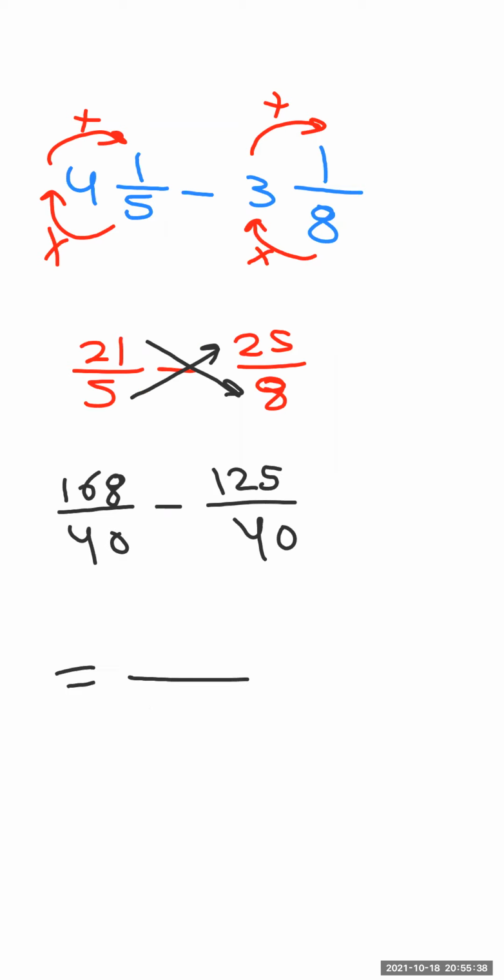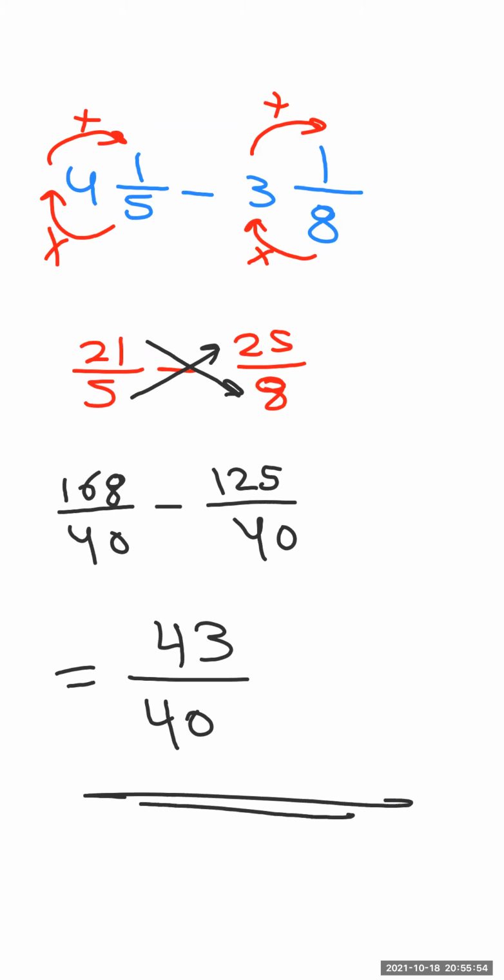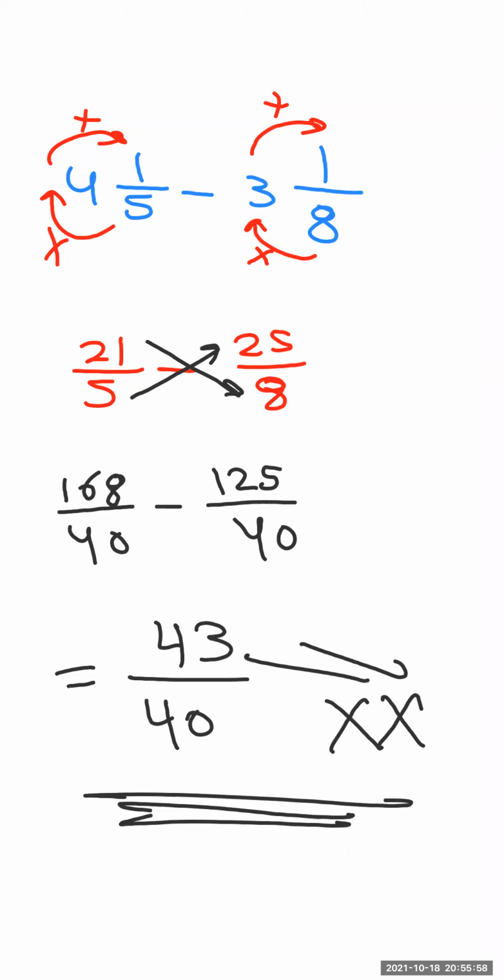Now subtract 168 minus 125. It will equal 43, I guess. Right? So 43 over 40. Can I simplify it? No, it's in the simplest form. Are we clear till this point, guys? Yes. Okay, that sounds very good. Okay, let's solve this example.